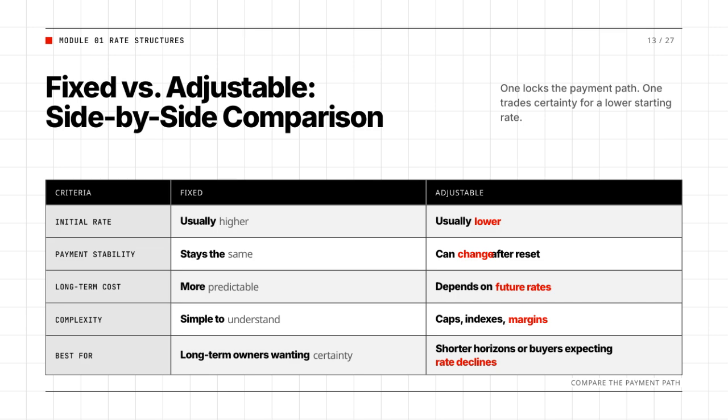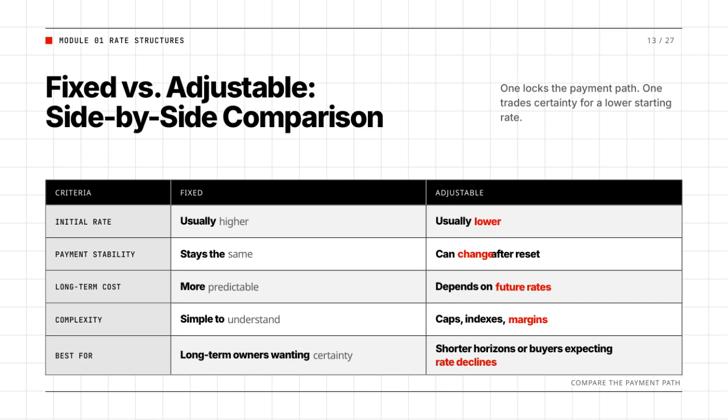When it comes to long-term costs, fixed rates are generally more predictable since you know exactly what you'll pay over time. Adjustable rates, however, depend on future interest rates, so they carry some uncertainty. Fixed rates are straightforward and easy to understand, whereas adjustable rates involve more complexity with elements like caps, indexes, and margins to consider.